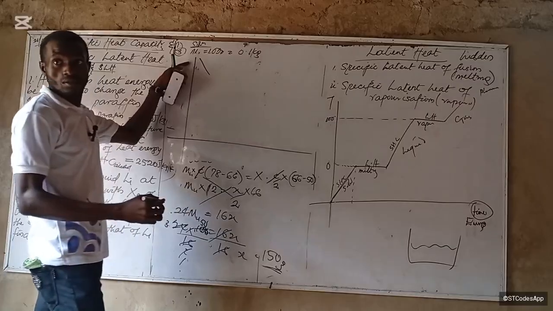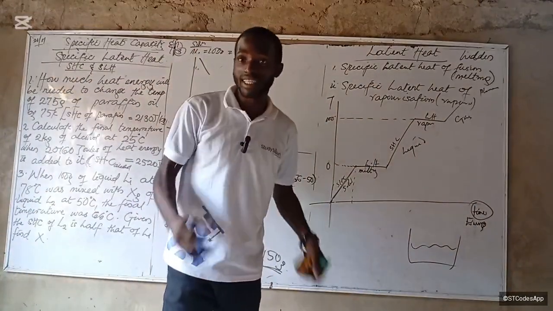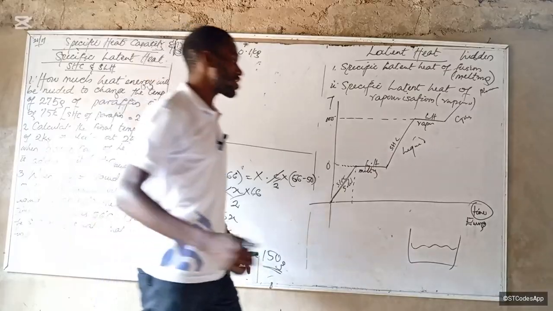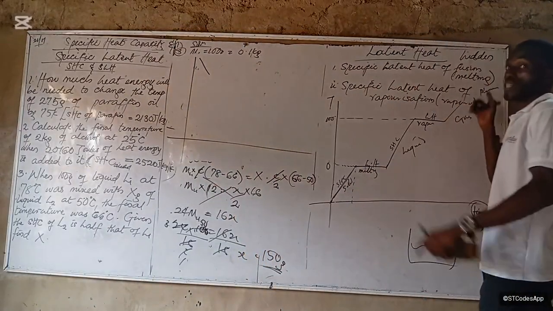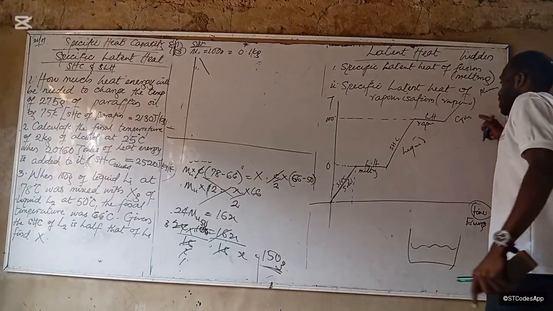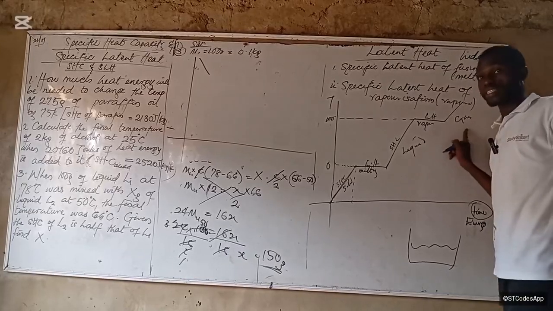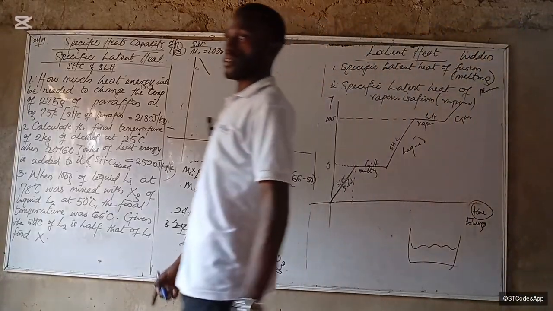That's condensation, when gas changes to liquid. Sublimation is going from solid directly to gas. Then deposition, that's the correct term, is from gas to solid.